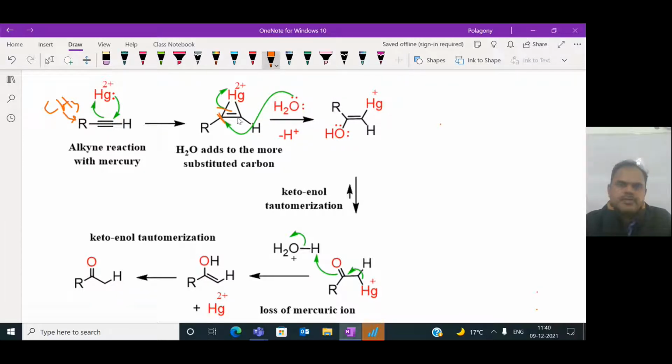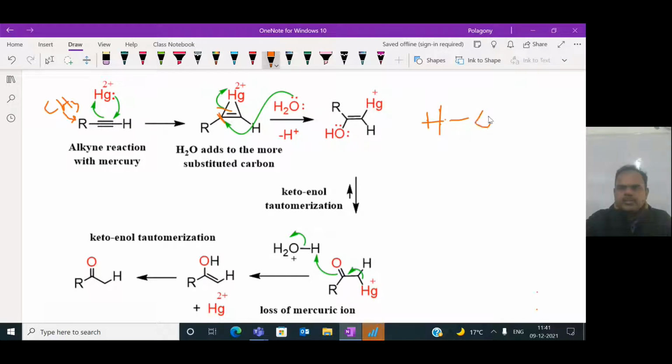When the lone pair is given to this carbon, the bond between mercury and carbon is broken. Then the mercury charge decreases to +1, and the nucleophile, H2O, is attached to this carbon.